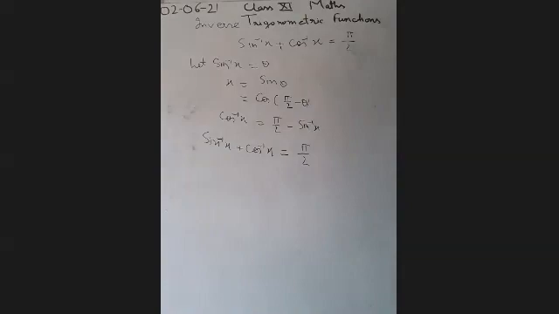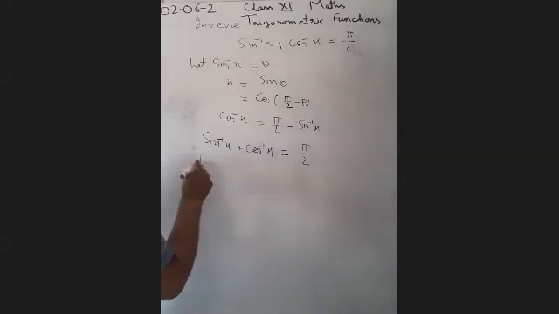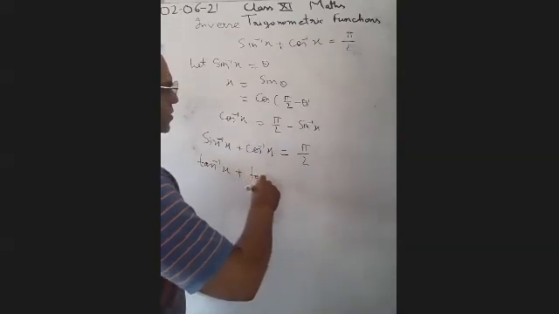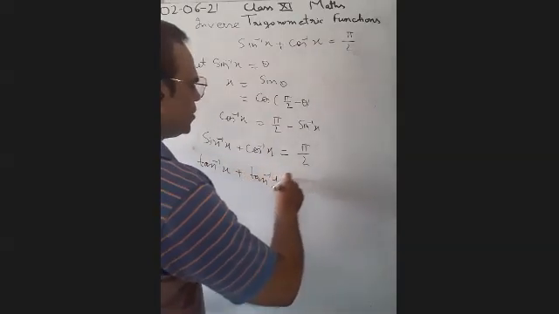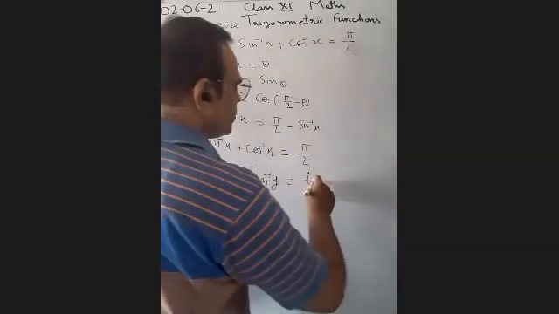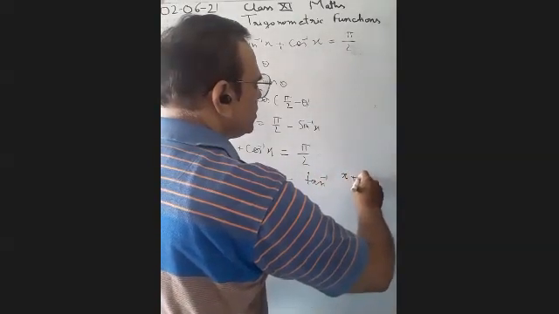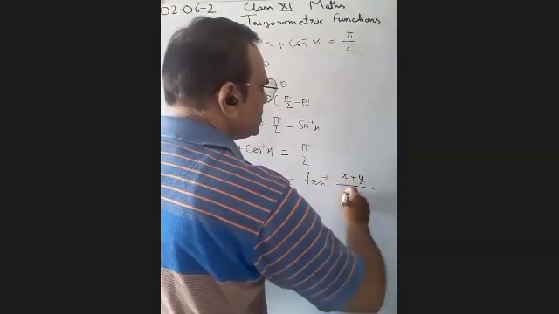Now we are taking tan inverse x plus tan inverse y. We want to prove this one. The formula of tan inverse x plus tan inverse y is equal to tan inverse of (x plus y) upon (1 minus xy).